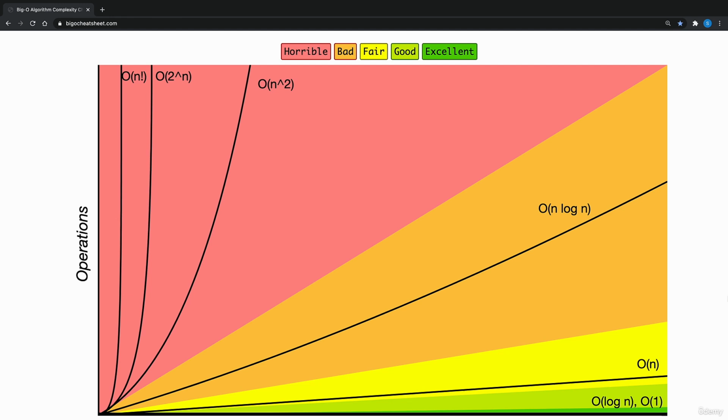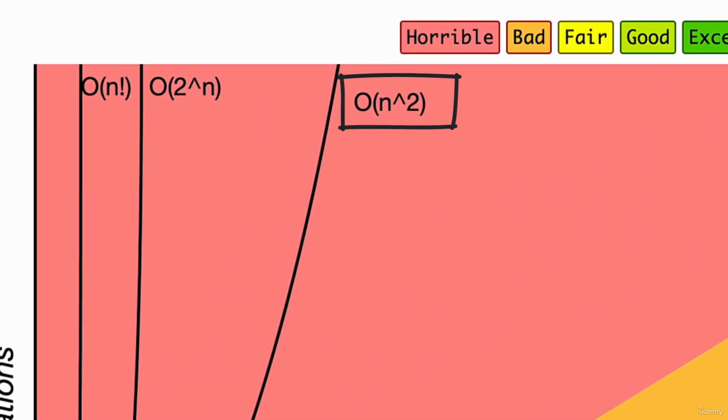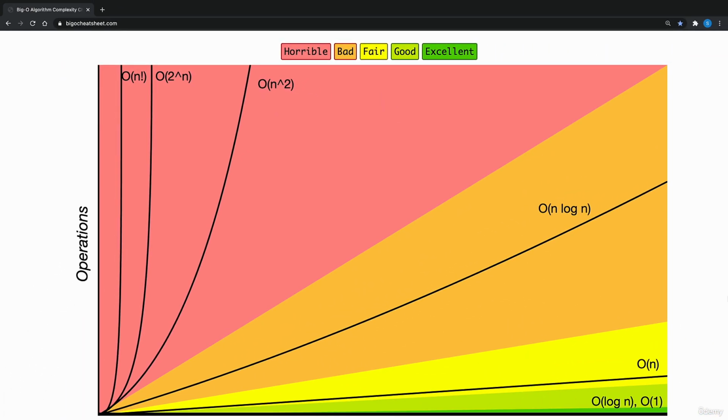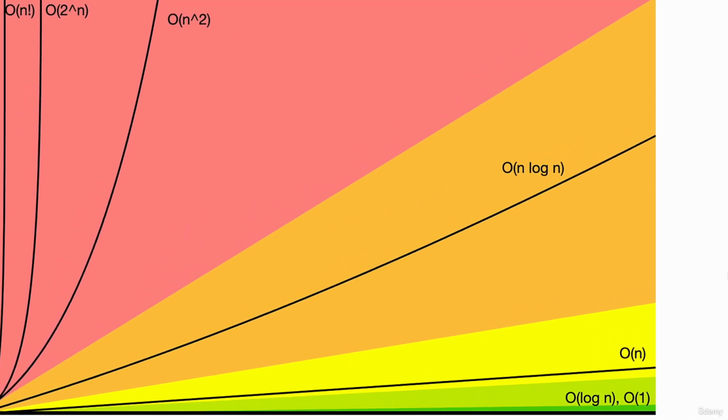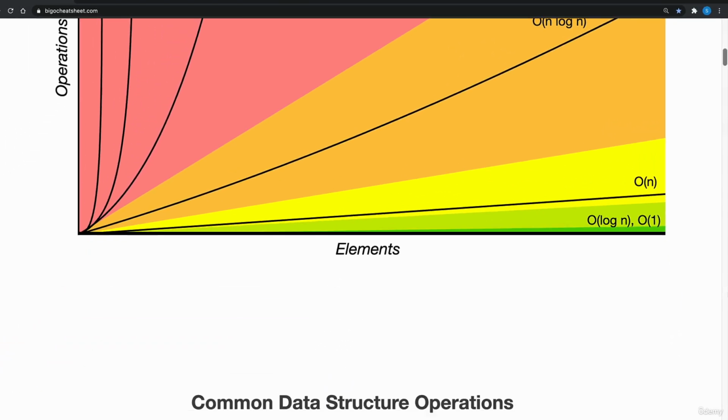So unlikely that you're going to see that. But you can see that O of n squared is in the horrible category. Remember, O of n times log n is going to be when we are using certain sorting algorithms. And down here is where we want to stay most of the time.